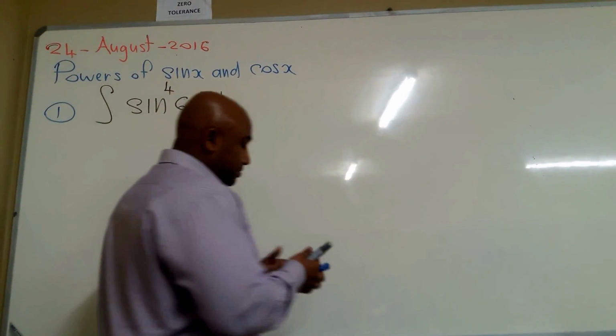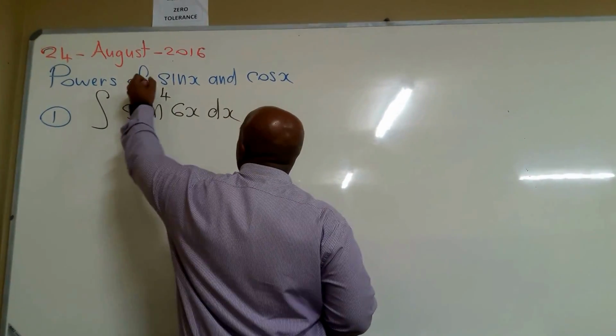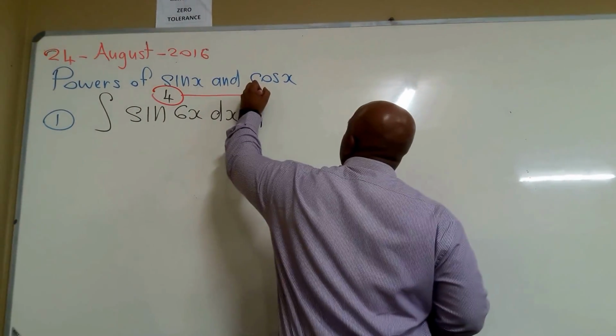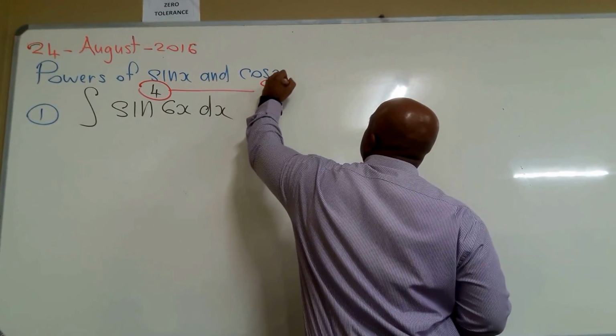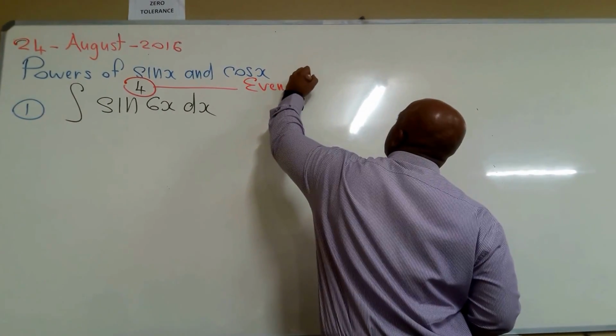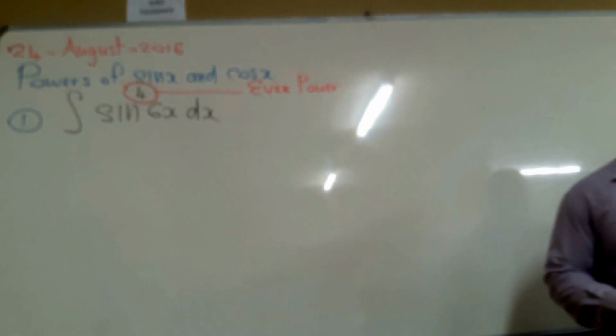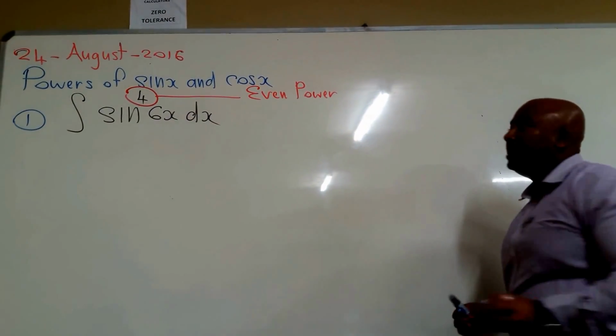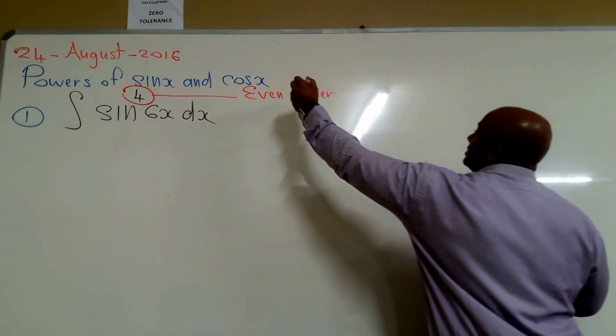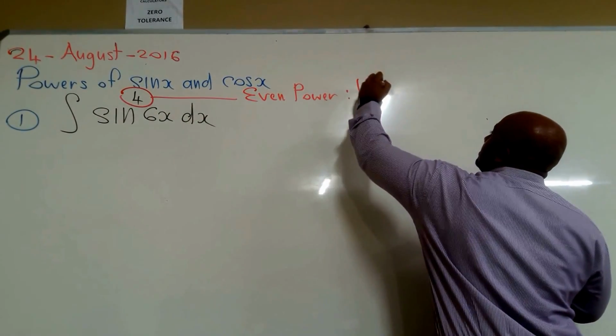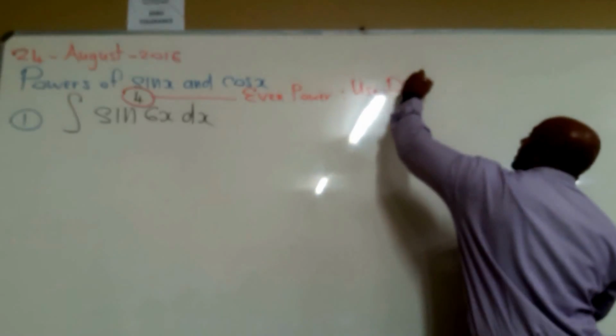So 4 is an even power. When we have an even power, we use our double angle formula.